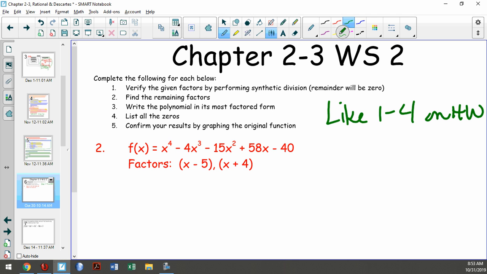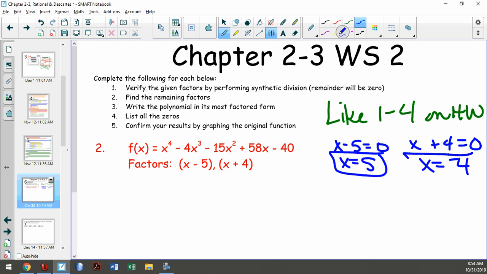So what we're going to do is take these factors, x minus 5 equals 0 and x plus 4 equals 0, and figure out what we're going to put in our half box. So I'm going to add 5 to both sides to give x equals 5. And I'm going to subtract 4 to give x equals negative 4. Do we see that? Yay or nay?